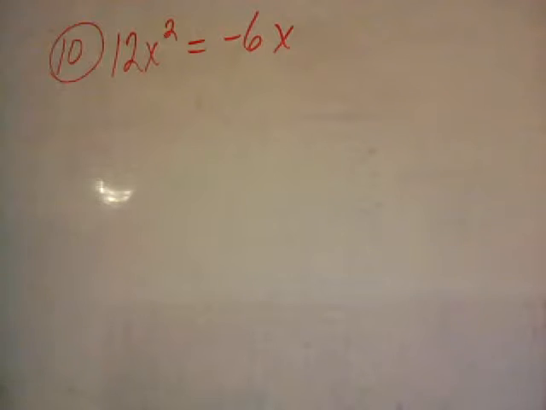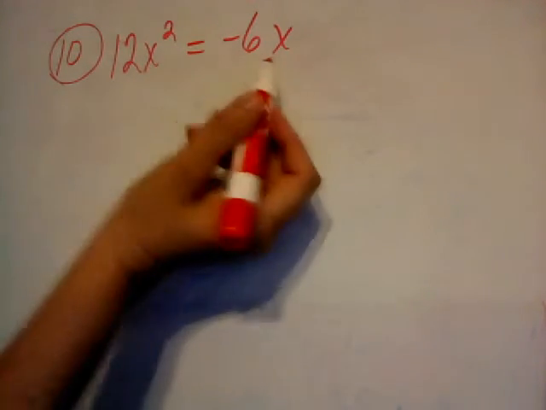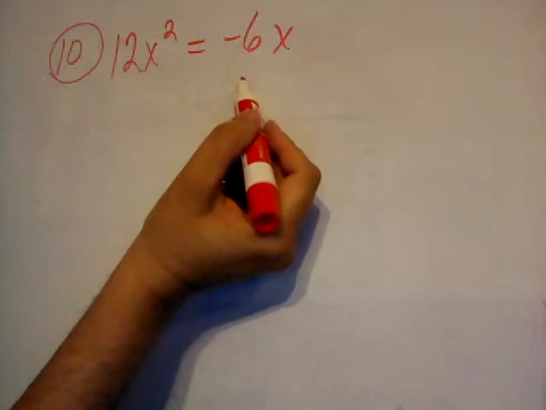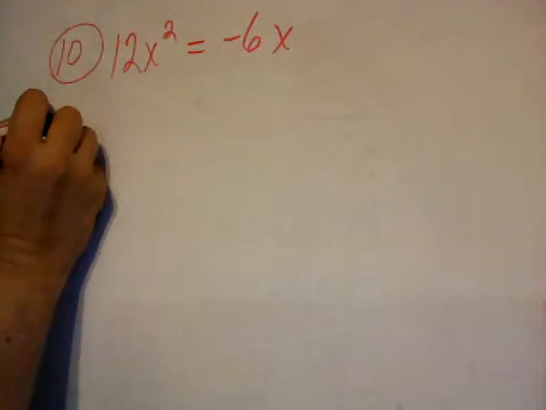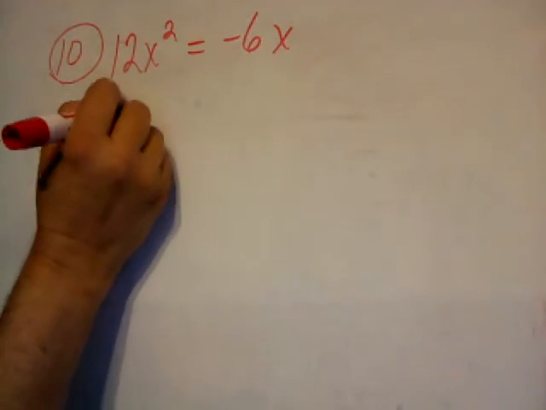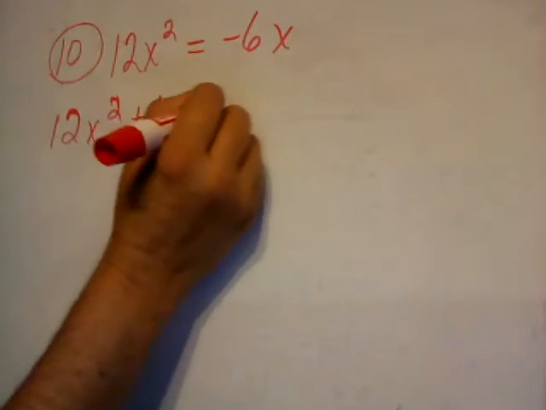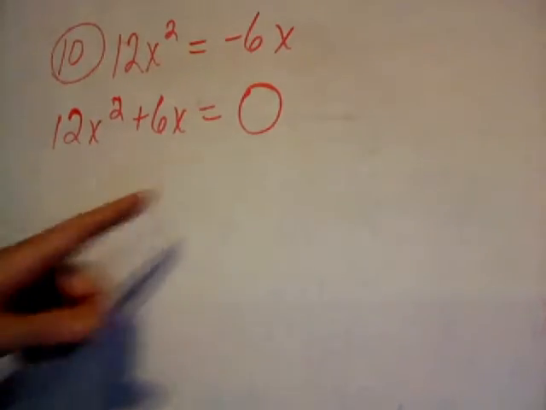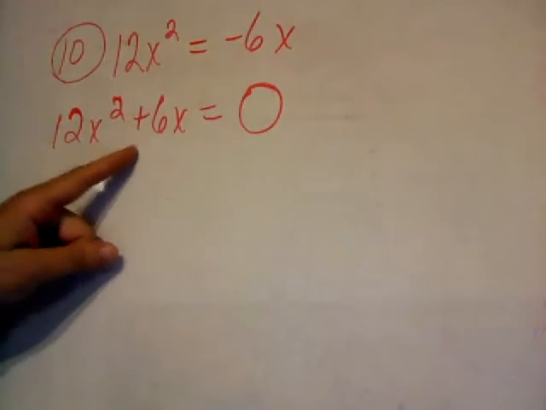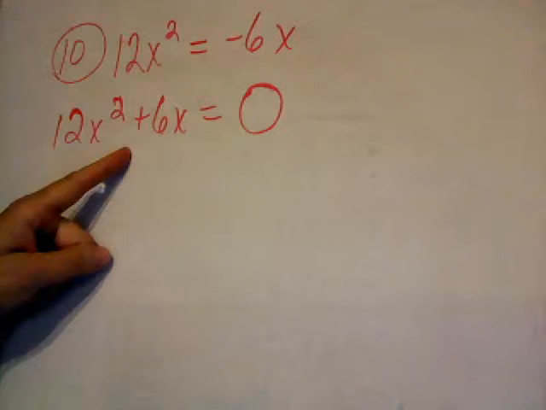They have to be equal to 0, and you have to have an a part and a b part. So first let's move this negative 6x by making it a positive 6x. So 12x squared plus 6x equals 0, because there's nothing left over here if I bring the negative 6x over and make it positive.